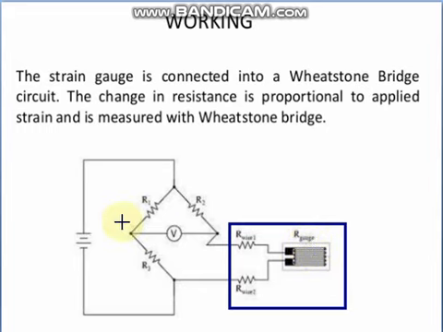As you know that Wheatstone bridge has 4 arms. Resistance 1 and resistance 2 are the fixed arms, and resistance 3 is for adjustment.